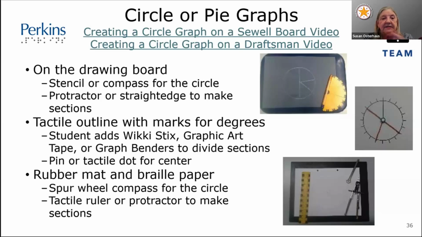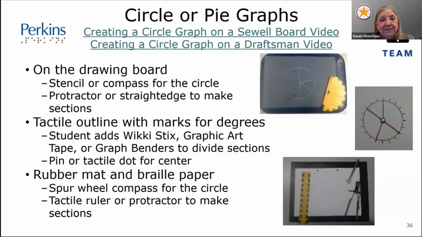The student adds the wikki sticks, graphic art tape, or graph binders to divide those sections. We can have a pin or tactile dot for the center so they know where that is. Then a rubber mat and Braille paper, that's what we have a picture of. And the spur wheel compass, which I'm not as crazy about, and I think it's been discontinued too, probably. But whatever you have, I just keep all my tools as long as I can. And then we have a tactile ruler or protractor to make sections.